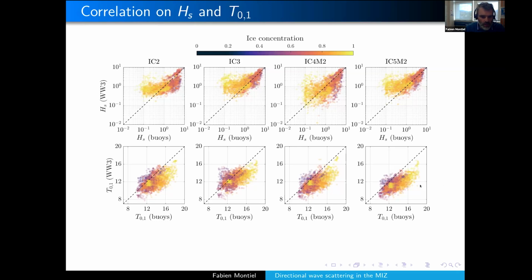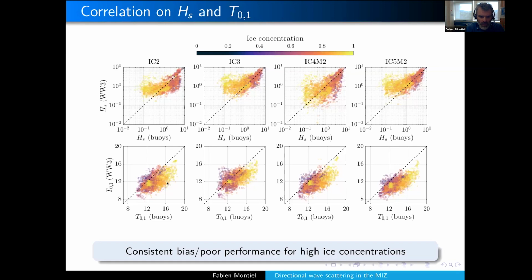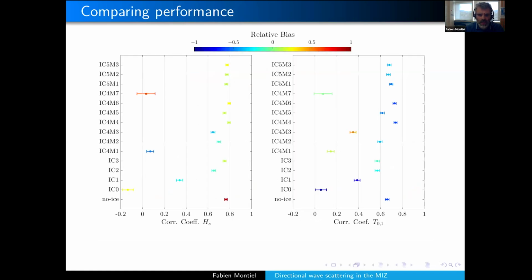And for the mean wave period, again, these results are consistent across the different model parameterizations here, where especially at high concentration, the model seems to underestimate mean wave periods. So it seems like there are consistent biases here, which emerge at high ice concentration.